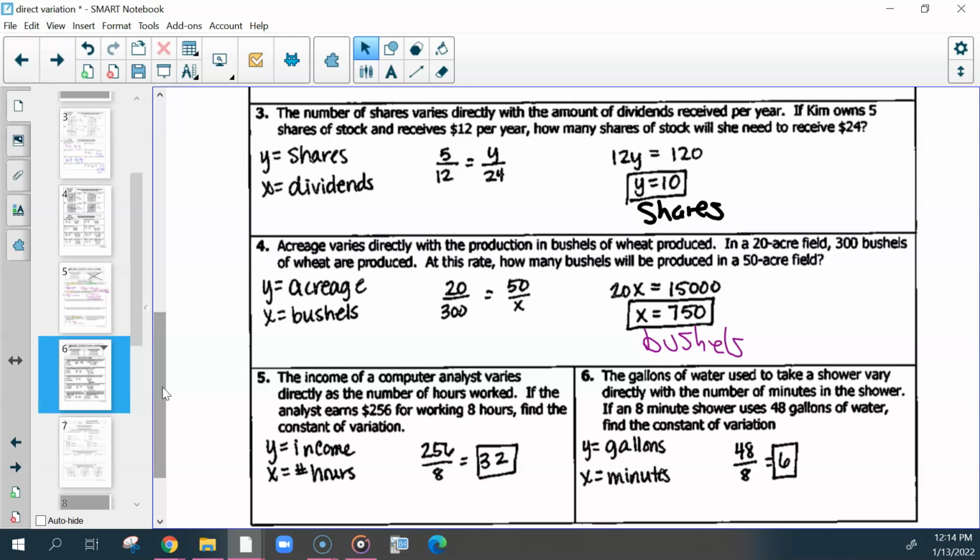But for number 3, you should have got 10 shares. 4 was 750 bushels, and 6K was 6. Anyone have any questions on those 3 or want to see any of those done the other way?